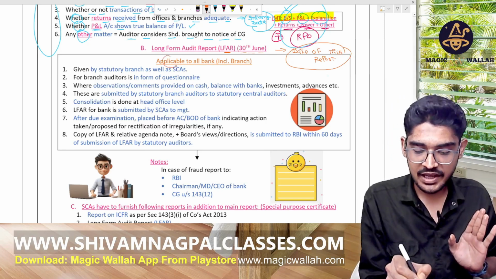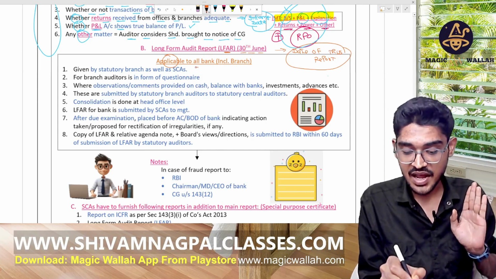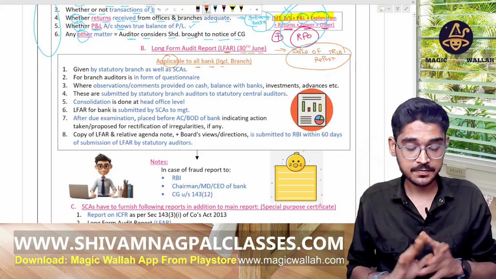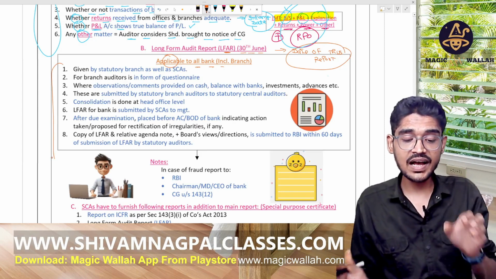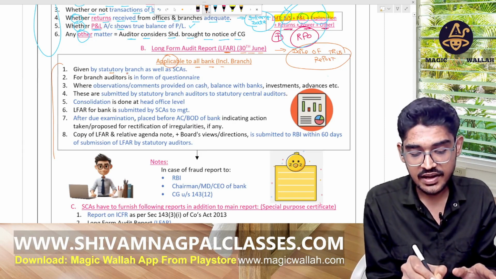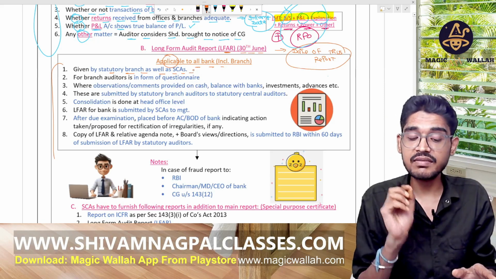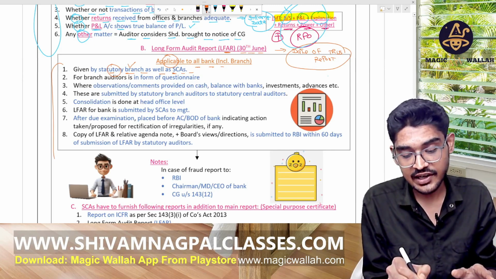It should be applicable to all the banks, including its branches. It will cover these points. Okay. So it is given by the statutory auditor as well as SCA. It will be given by the statutory branch auditor along with the central statutory auditor.